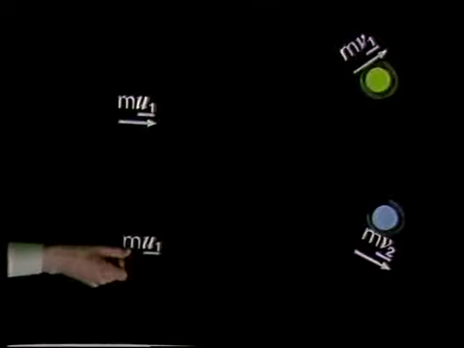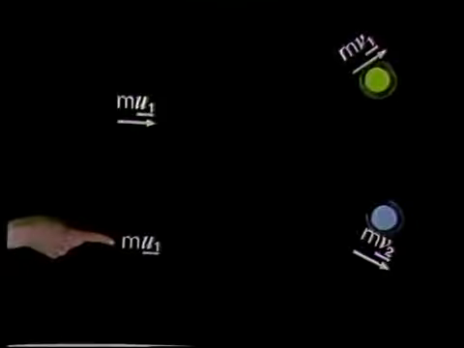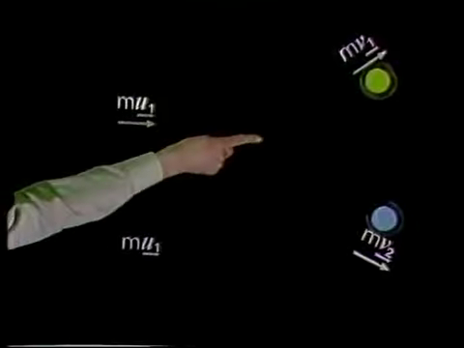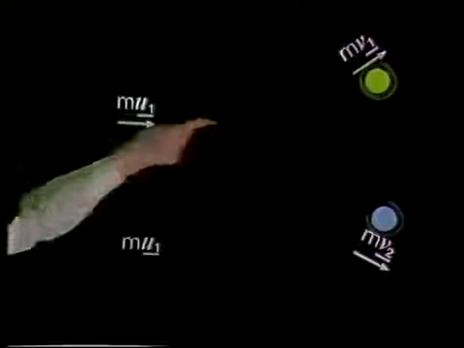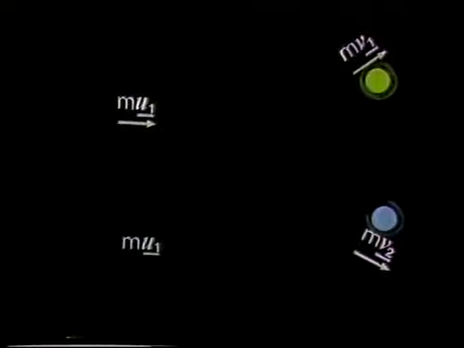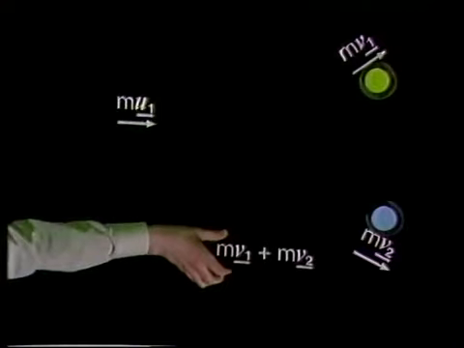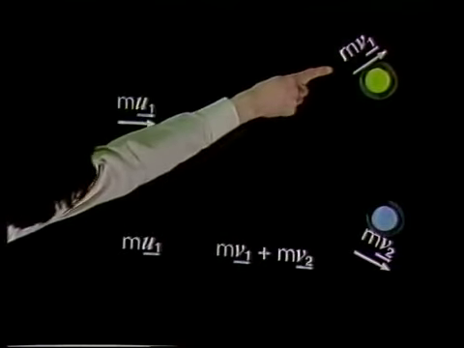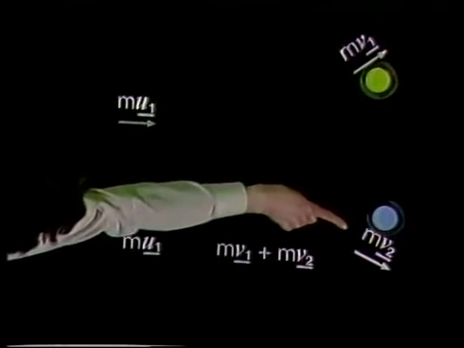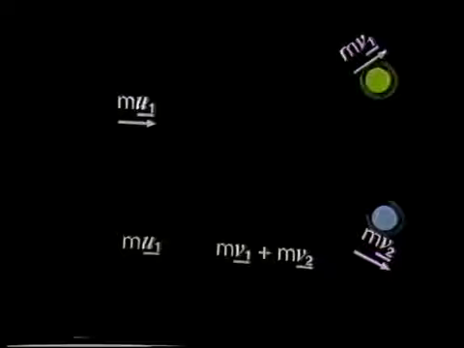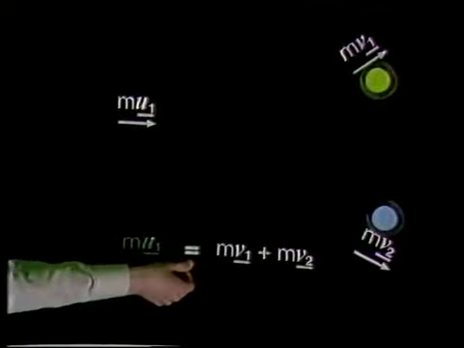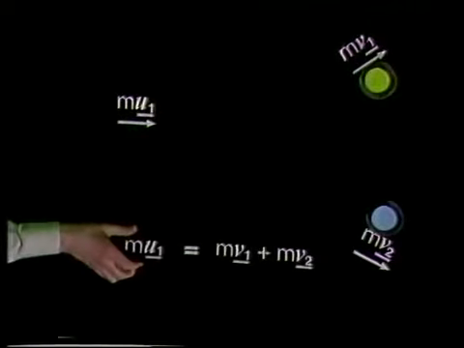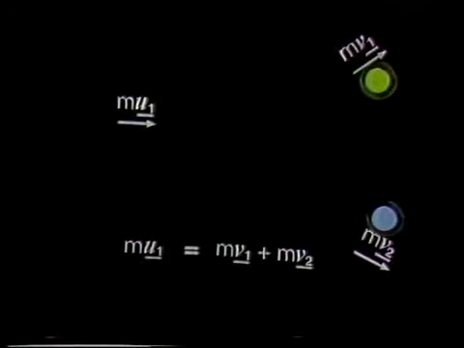Well, now let's use the conservation of momentum. Before the collision, the total momentum is just m u1, plus 0, because the target particle has no momentum. After the particles have interacted, the momentum is m v1 plus m v2. And what the law of conservation of linear momentum tells me is that these two quantities are equal.